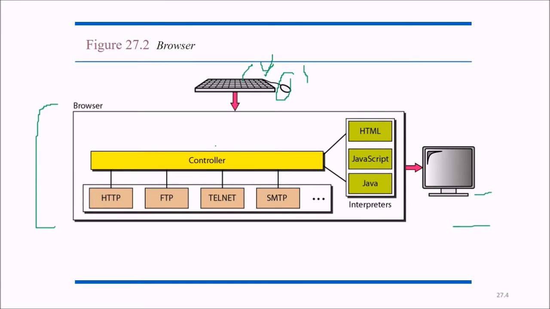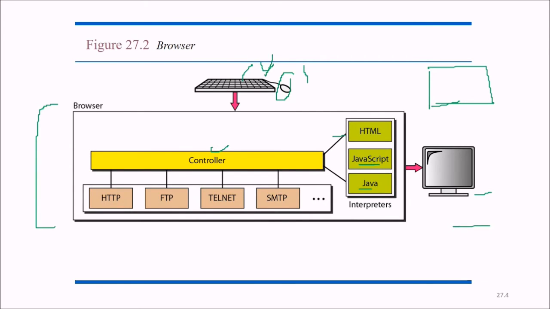But this browser is a controller which has HTML, JavaScript, and Java inside it. HTML is Hypertext Markup Language. It is employed for making your static web pages. JavaScript is an object-based web programming language.